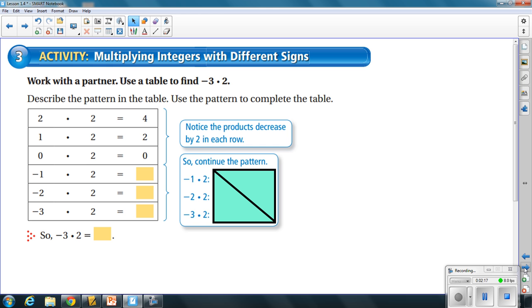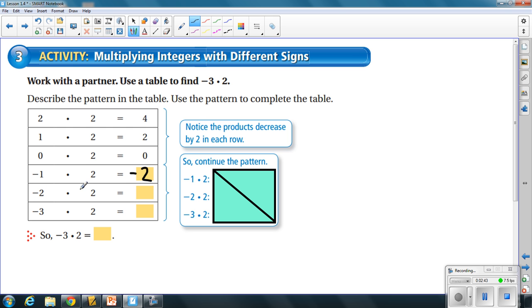Let's take a look. We're just discovering a pattern. 2 times 2 is 4. 1 times 2 is 2. So the pattern is decreasing by 2 in each row. So 0 times 2 is 0. So if I continue this pattern, negative 1 times 2 would have to be negative 2.